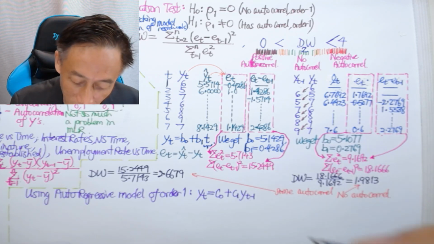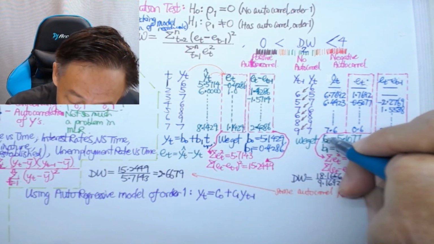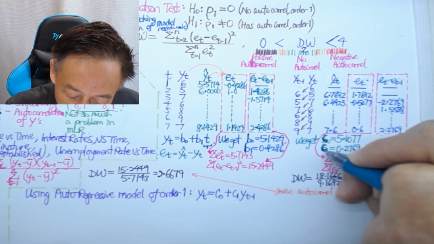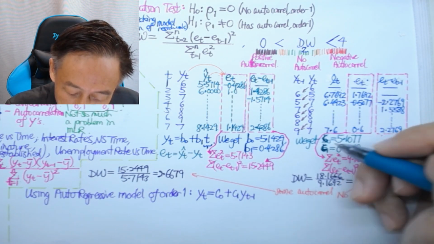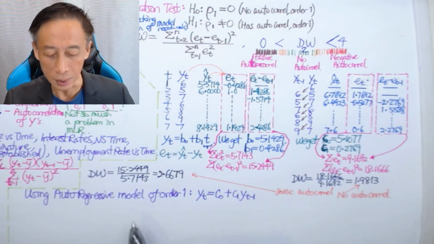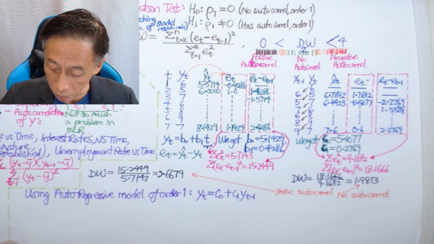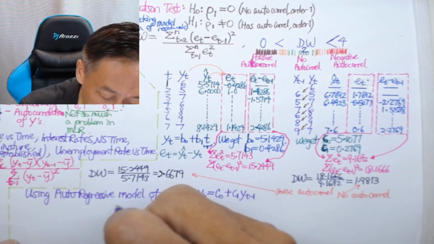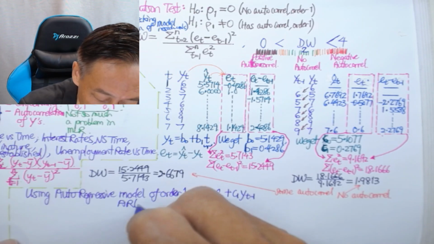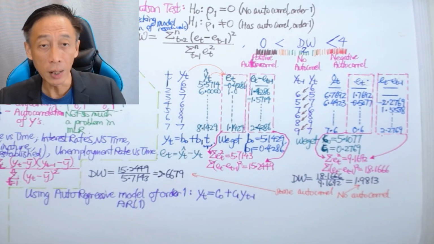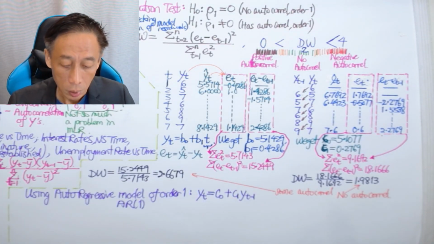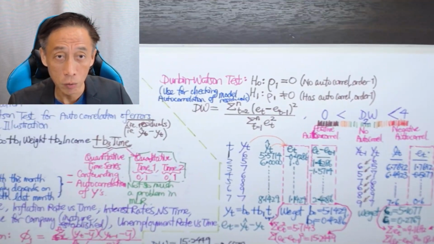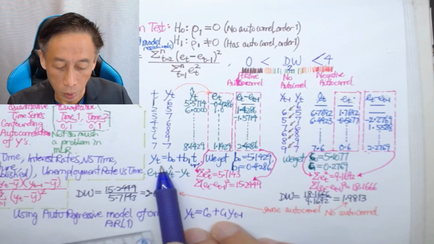And of course, now that I said this, I should change this B0 to C0 and B1 to C1 so that it makes sense. Okay, so that's our AR model, auto-regressive model of order 1, AR1.